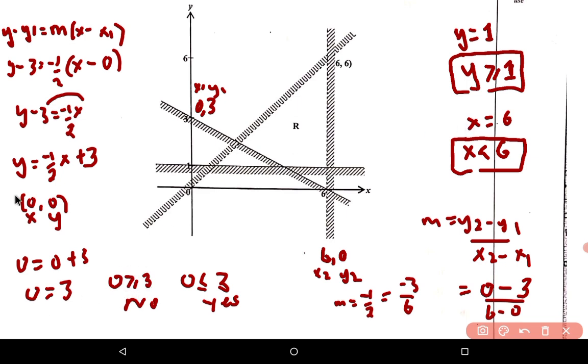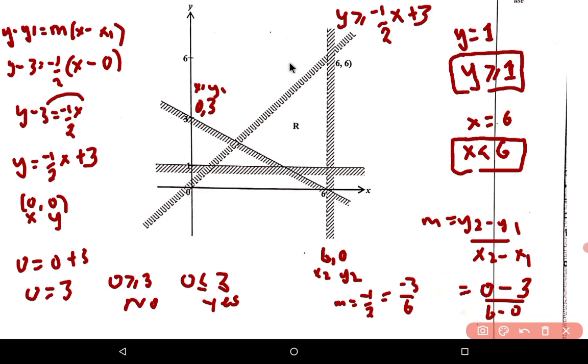The correct symbol that we should put here is actually going to be y is greater than or equal to negative half x plus 3, and that is all.